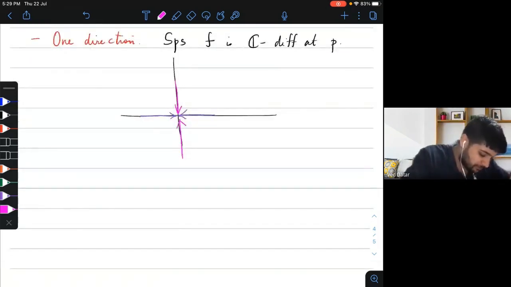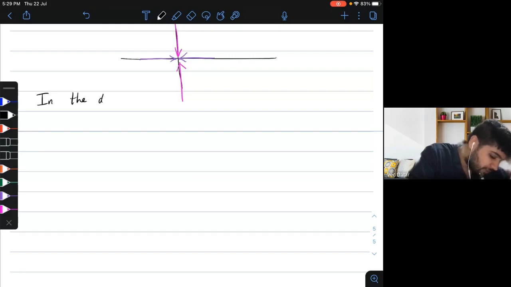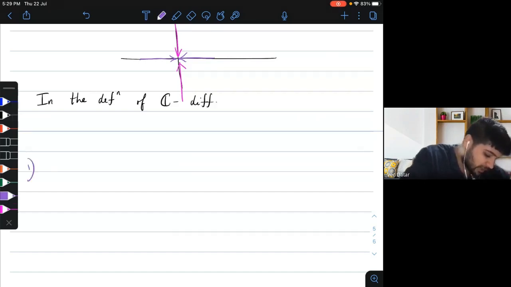Okay, so in the definition of C differentiability, case 1 is, suppose h is basically just a real number. Maybe I should use better notation here.